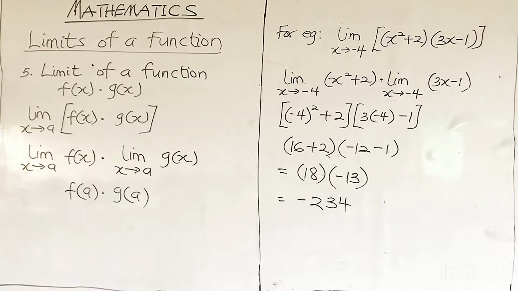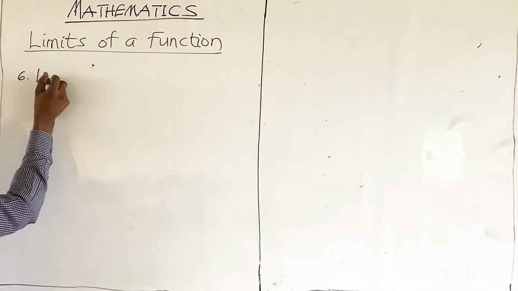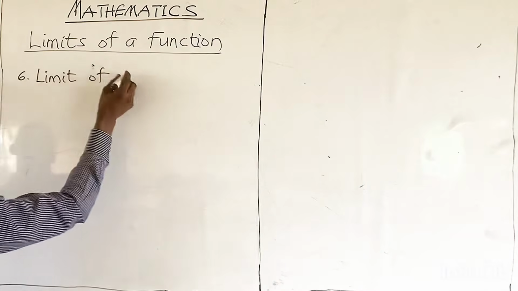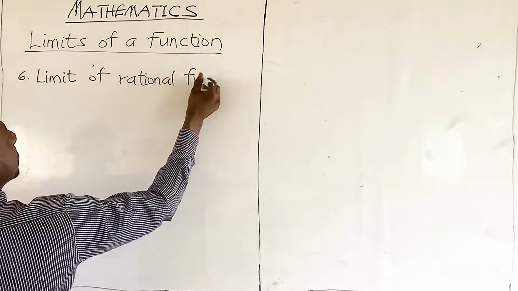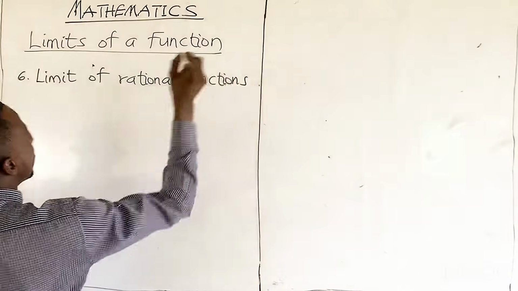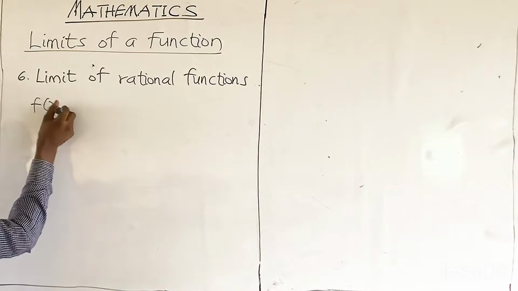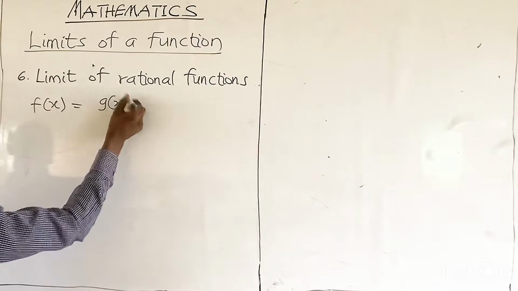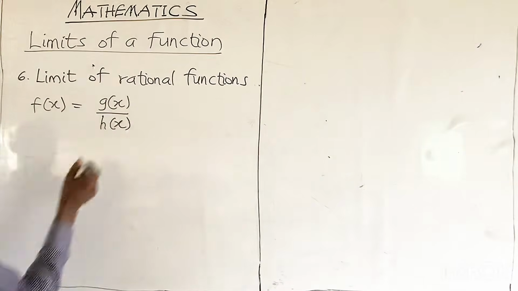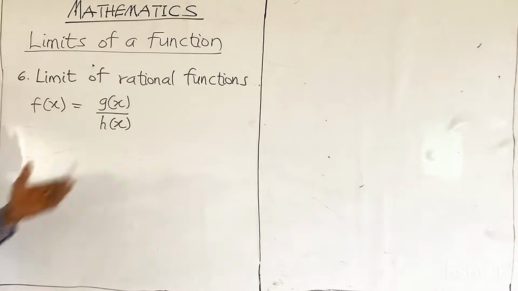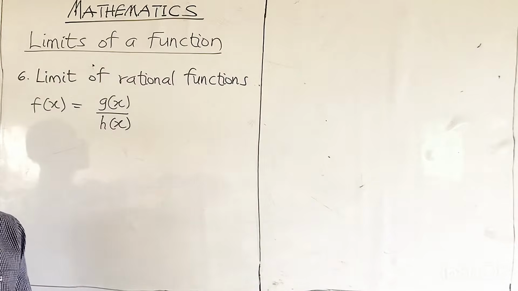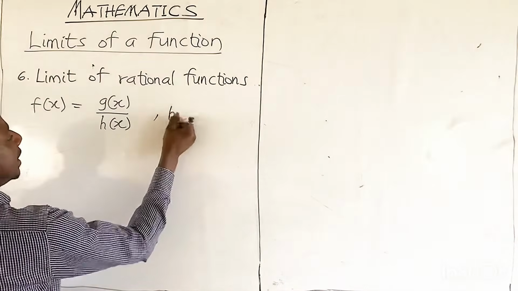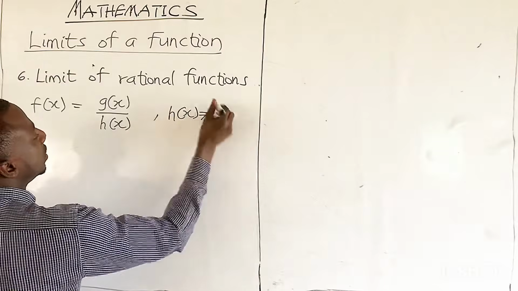The next one is going to be limit of rational functions. So let's say we have f of x is equal to g of x over h of x. So this is a rational function. We all know that rational functions can be expressed in the form of a fraction where h of x is not equal to 0.